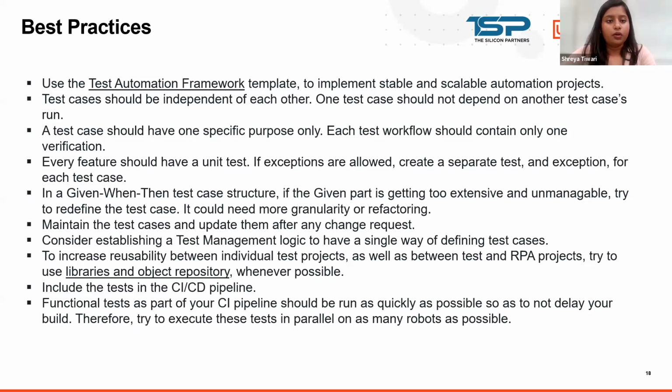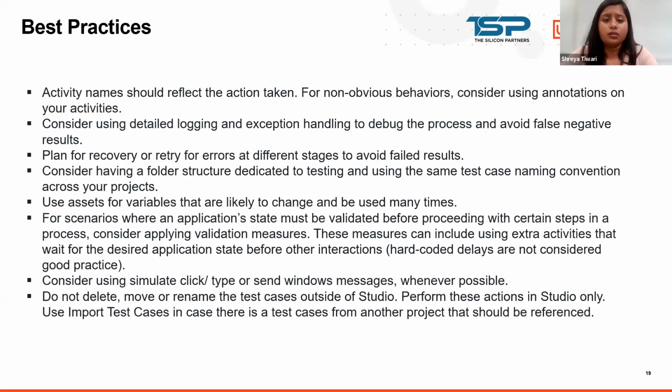So moving on, these are also not specific to test automation, but are recommended for automation in general. We need to have retry scopes. We need to do exception handling and logging in the right way so that we are able to track the bot and understand where the exception is coming from, and also track the progress itself.